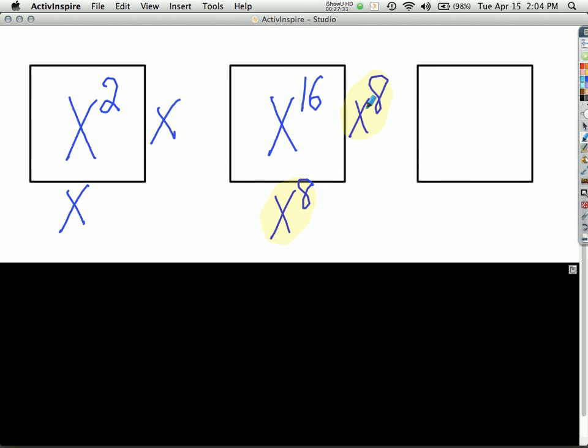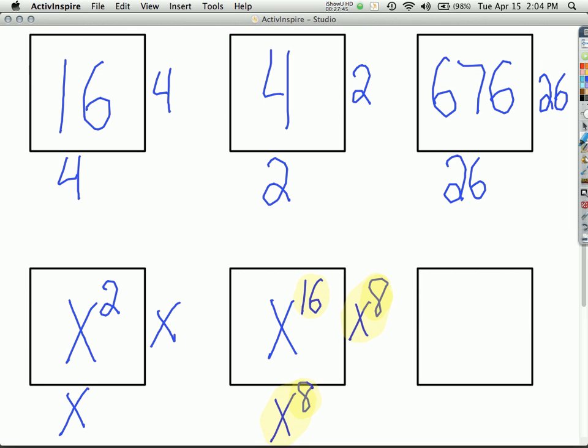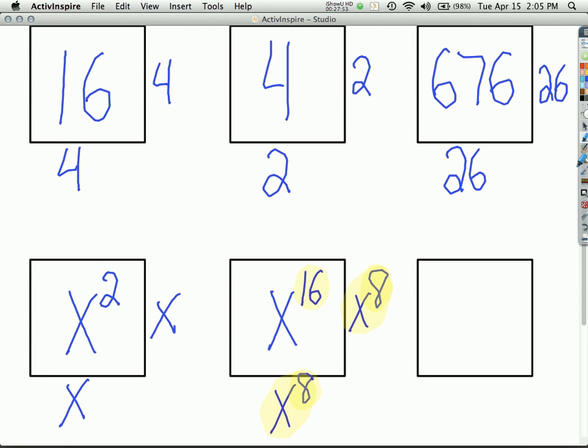That is what we're doing. But when you do that, you add the exponents together to get the result. It's just not the same thing. It's still multiplication, but it doesn't work the same way. You have to be keenly aware of what's going on here.